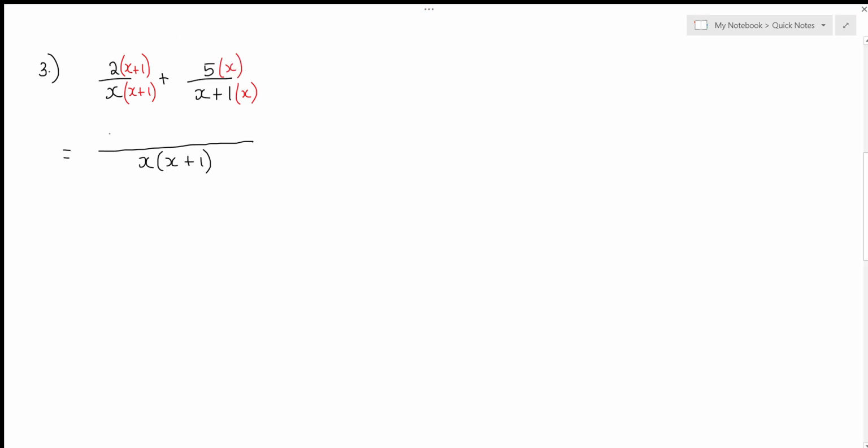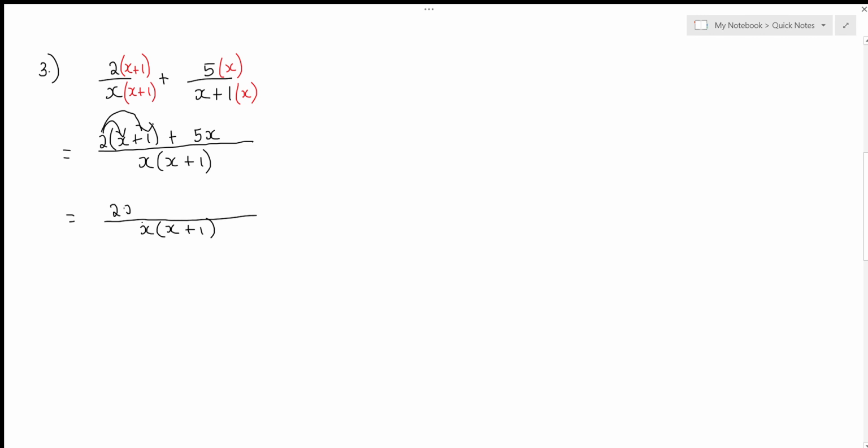So here we're going to have 2 times x plus 1, plus 5 times x, which is 5x. And we're going to simplify it further by multiplying out the numerator. So 2 times x is 2x, and 2 times 1 is 2.